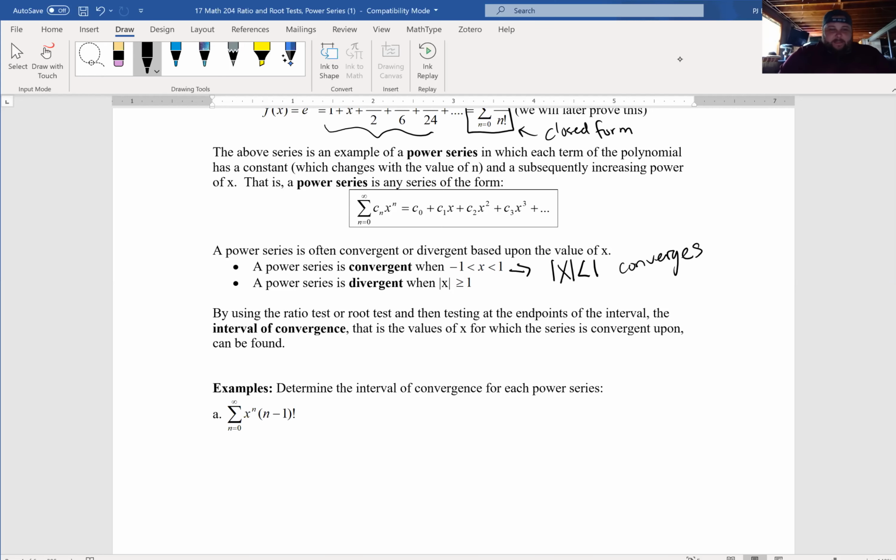And then more recently, we just did ratio and root. So both of those said if the value that you get is less than 1, it converges, right? So we're going to use one of those two in order to help us find the interval of convergence.